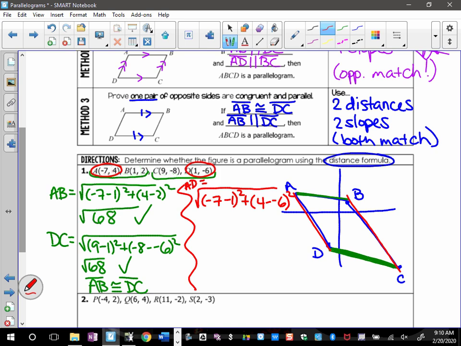7 minus 1. I get square root of 164. Again, I don't actually care what the length is, I just want to match. For BC, I'm going to have 1 minus 9 squared and 2 minus -8 squared.